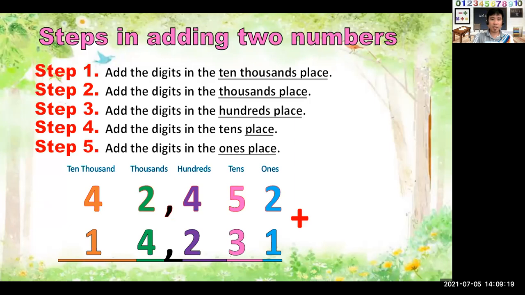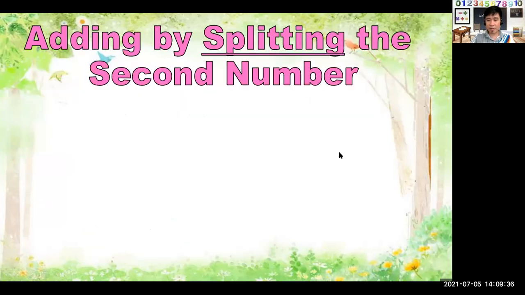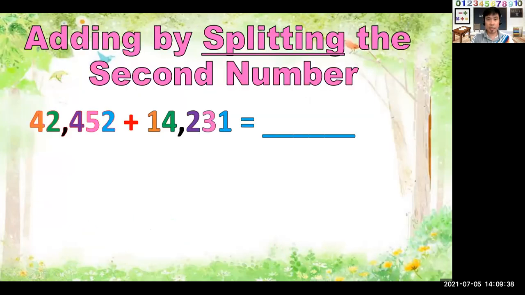The first number here is 42,452, and the second number is 14,231. Now we will split it. So 42,452 plus 14,231. This is the first number and this is the second number. This is called the second number.